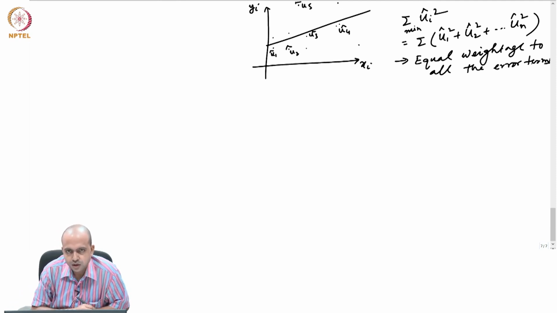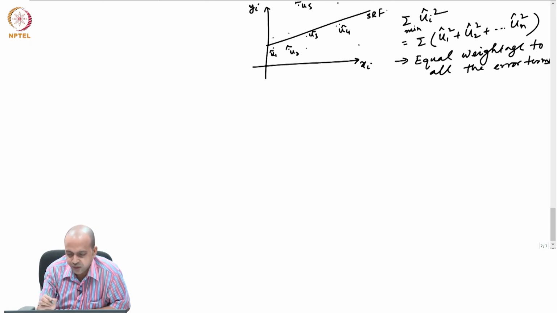Okay, all right. So what is happening? If you square it up, since it is u1 hat square, u2 hat square, u3 hat square, all of these are getting equal weightage. If you look at the diagram, some of the points are very close to your estimated line.